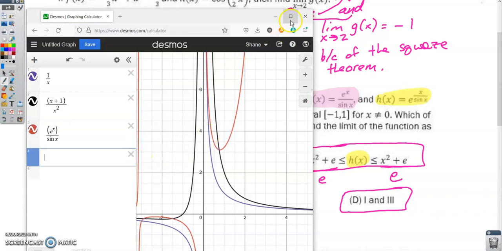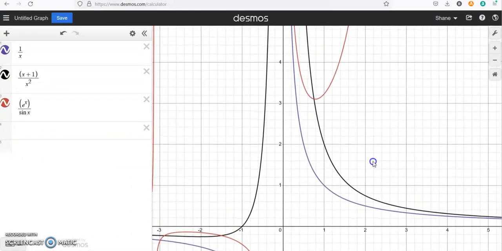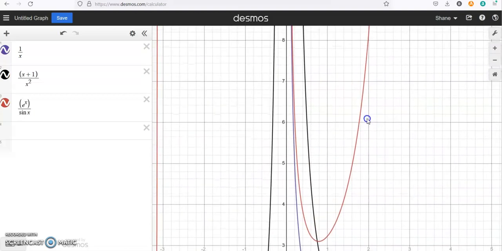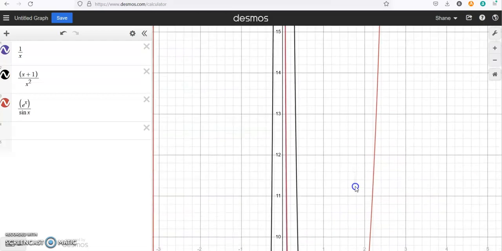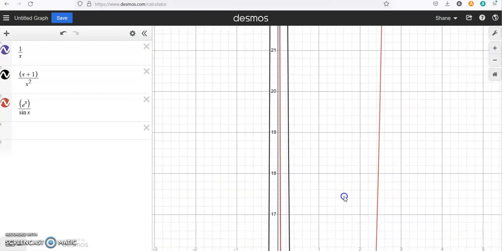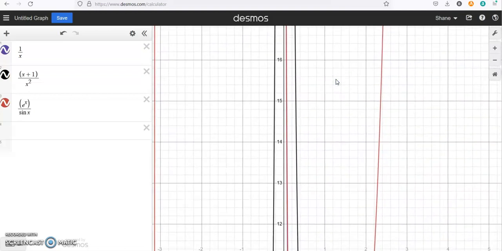And what you can see here is as x approaches 0, the red graph is in between the purple graph and the black graph, but it never gets sandwiched because the purple graph and the black graph both go to infinity and they never really squeeze together.